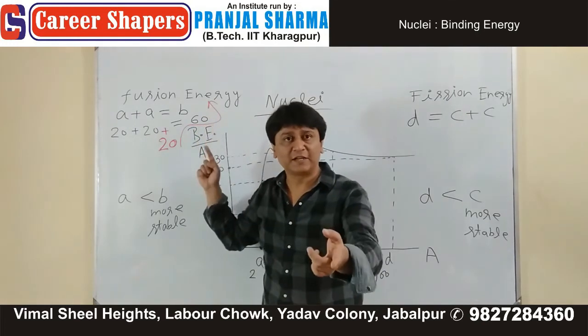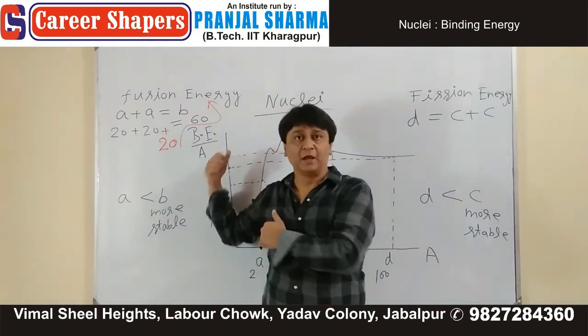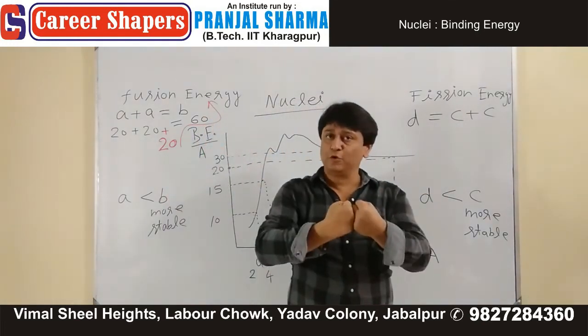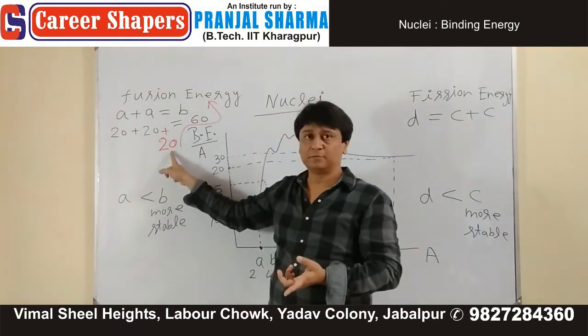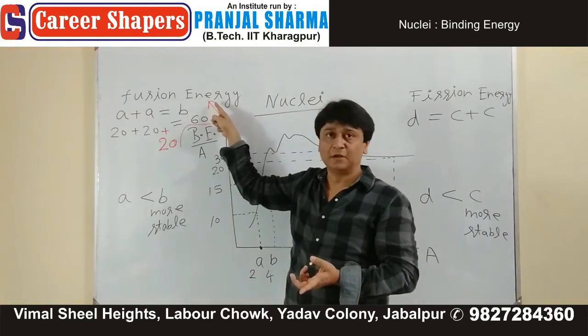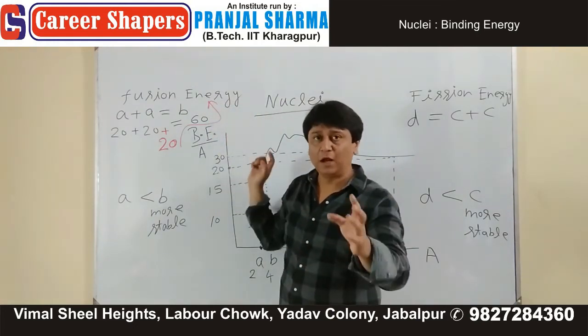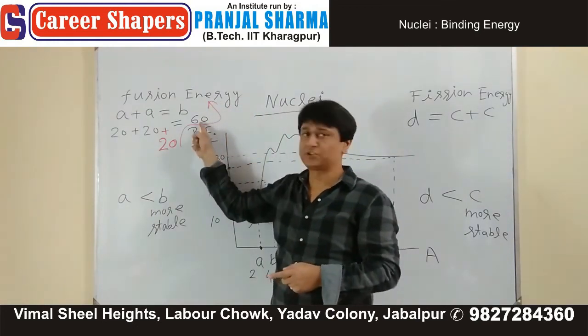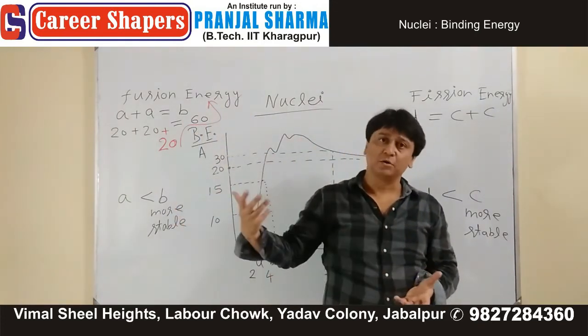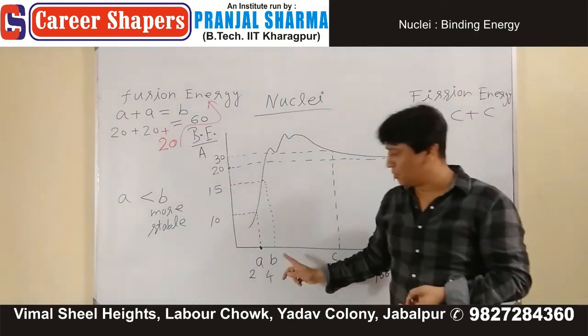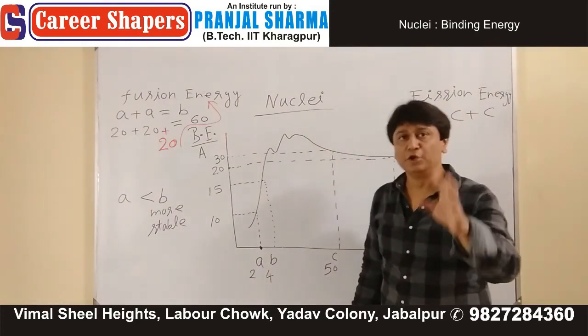So how do you give the universe 60? This A and A fusion process releases another 20 joules, thus making total energy count 60. This 20 joule once comes out gives you a more stable nucleus.